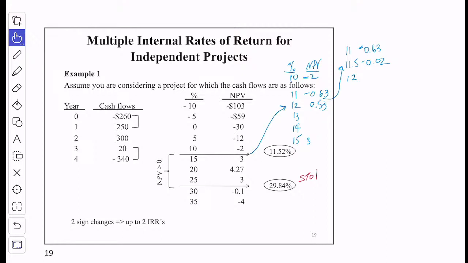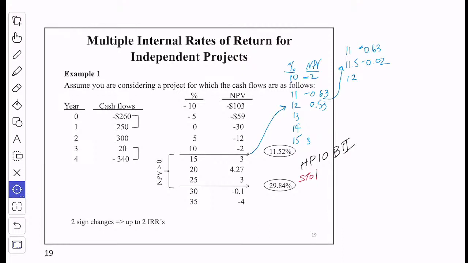So Diego, I'm showing you how to get 29.84 manually, because you can't get it out of your TI BA II Plus. You can only get it out of the HP. But I force students to get this calculator, I asked you to get this calculator.